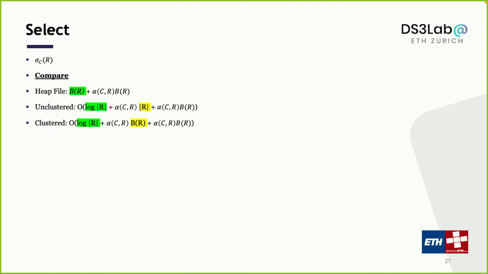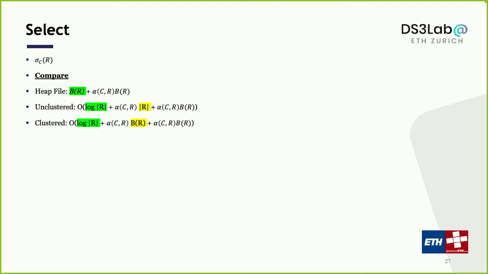So in practice, when will using an index pay off? Using indexes like B plus tree might not always pay off. If you look at this cost model, it will pay off when your selectivity, which is alpha, is not too big. You want your operator to be really selective, so that the number of tuples you are returning is very small.